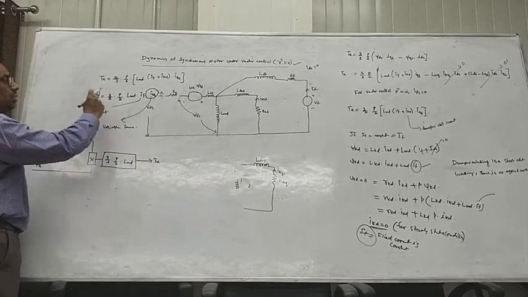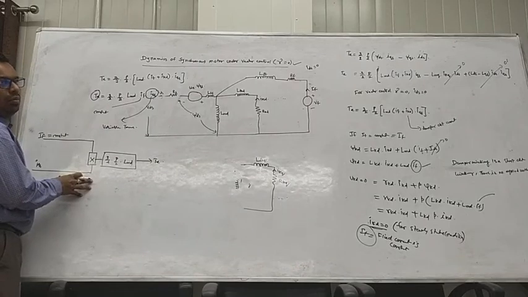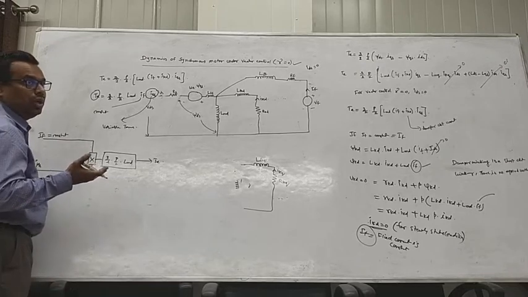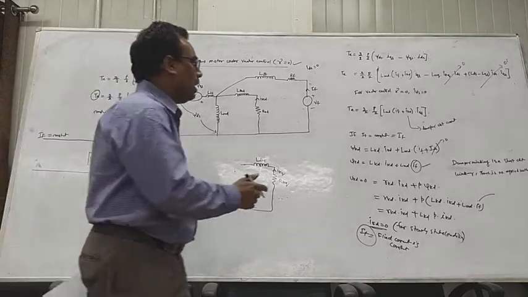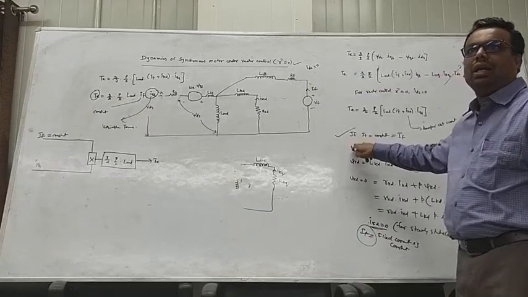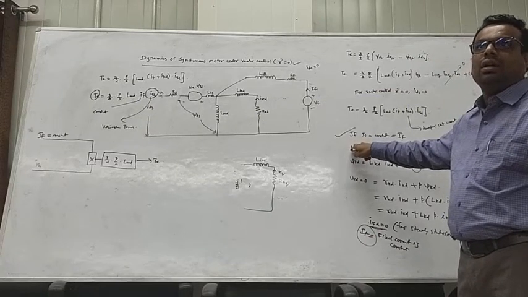This is the block diagram representation of the torque equation under the dynamics of the synchronous motor under vector control, keeping the field current constant. You are doing the dynamic analysis of the synchronous motor drive under vector control.